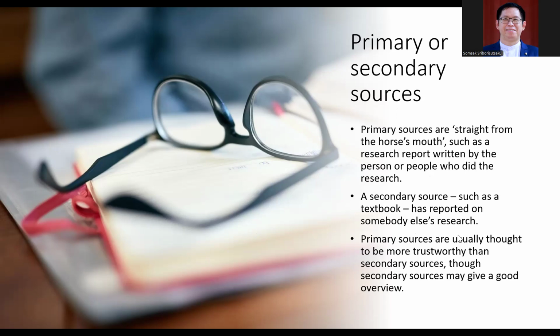Primary sources are usually thought to be more trustworthy than secondary sources, though secondary sources may give a good overview. That's why you get low grades sometimes, because when you did your term paper last term you used secondary sources instead of primary sources. Sometimes, I say sometimes.